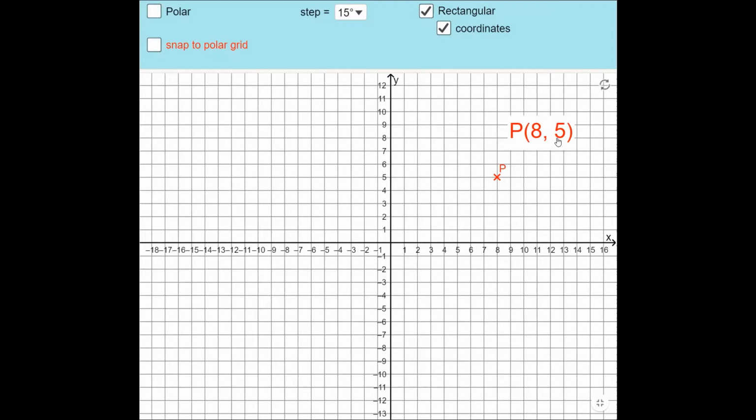Then what will be the corresponding quantities when we use polar coordinates? Here x is 8 and y is 5. If we express this point in polar coordinates, what will be its value?